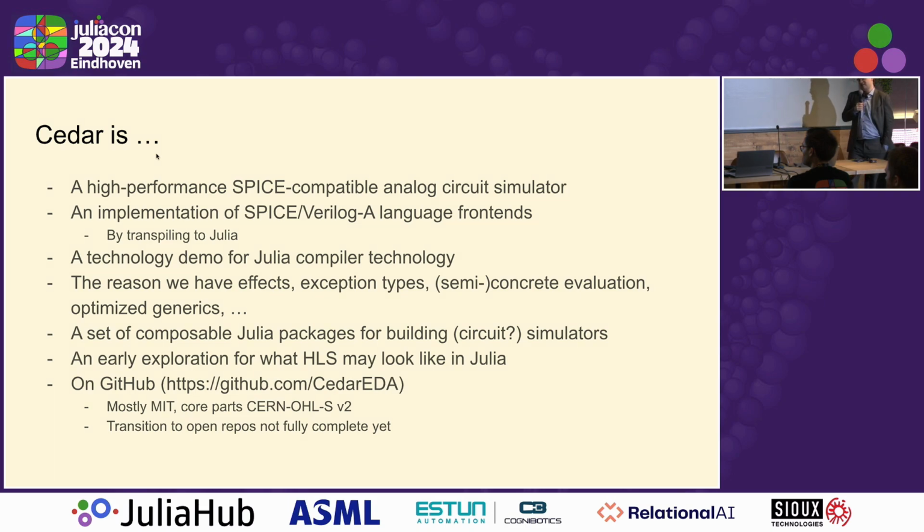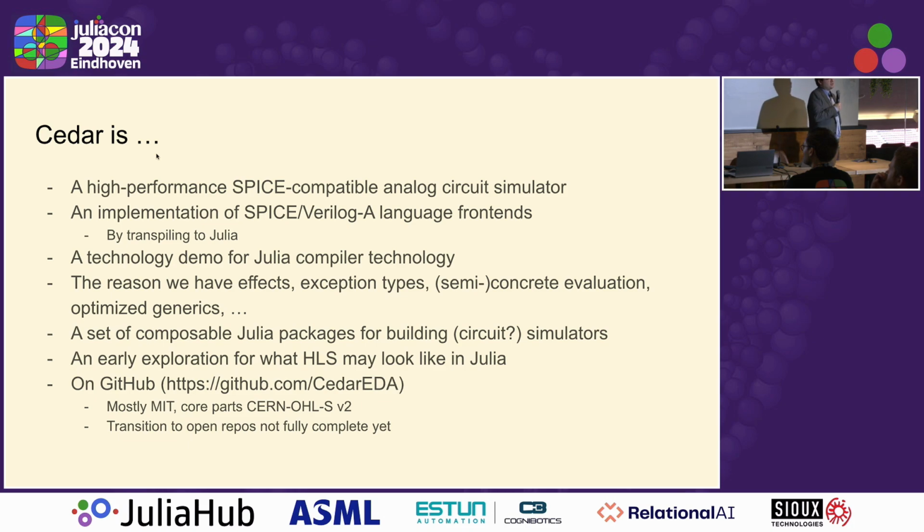You can think of Cedar as the reason we have effects, exception types, semi-concrete evaluation, optimized generics, and a bunch of other goodies in the Julia compiler. All of those are not Cedar specific, of course, and some of those were ideas that existed before Cedar. But Cedar was the reason that we ended up actually implementing them in the Julia compiler.